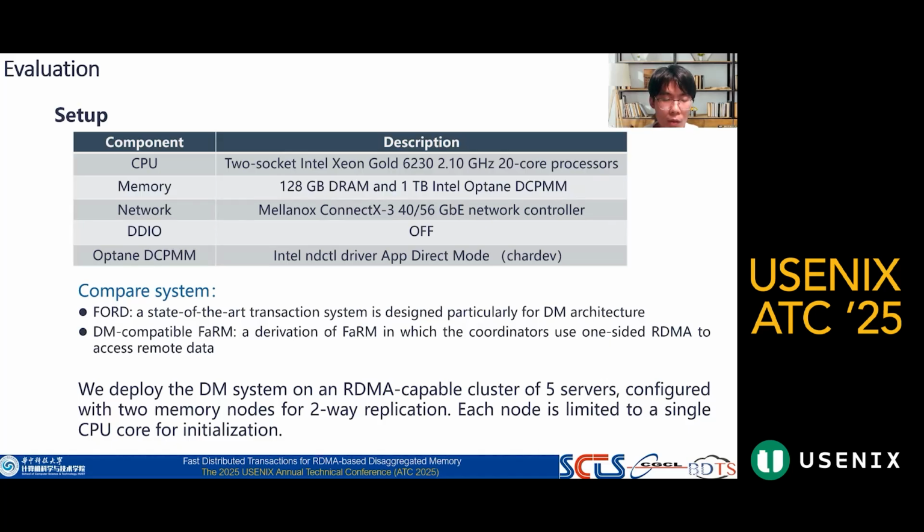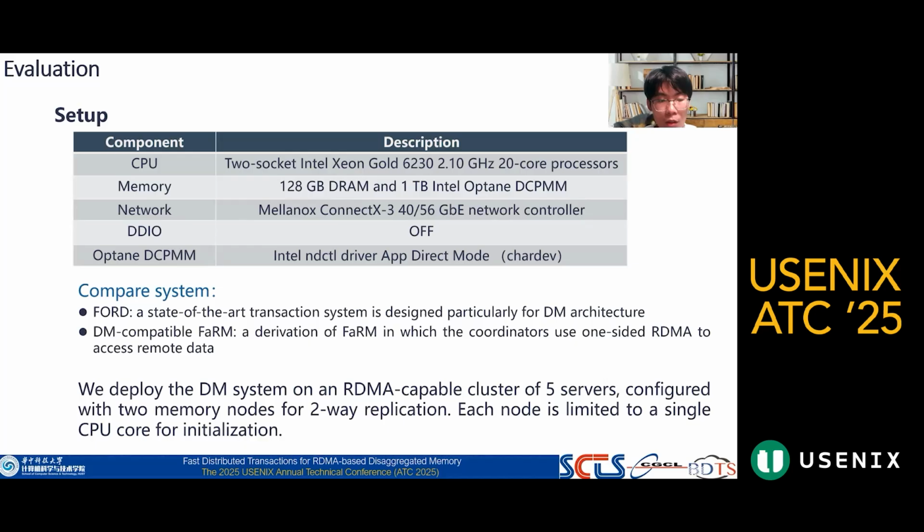We adopt a derivation of FARM, in which the coordinators use one-sided RDMA primitives to access remote data for the DM environments.